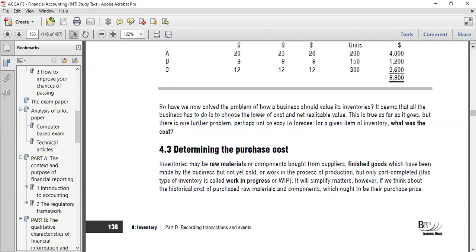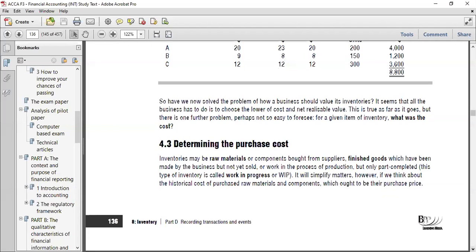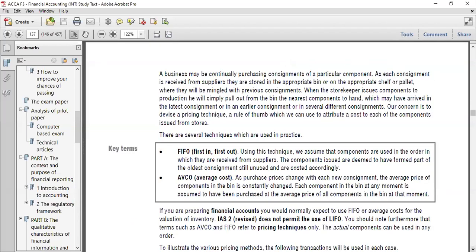Once I do that, we are going to look at the aspect of FIFO and AVCO. When it comes to FIFO, we are saying that things that came in first are sold first.